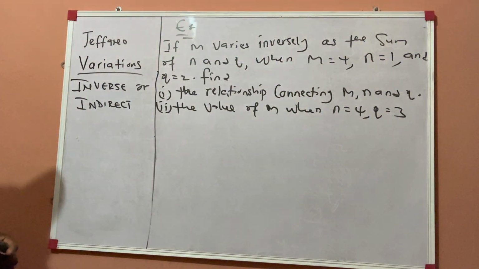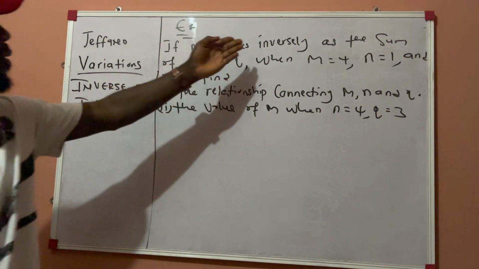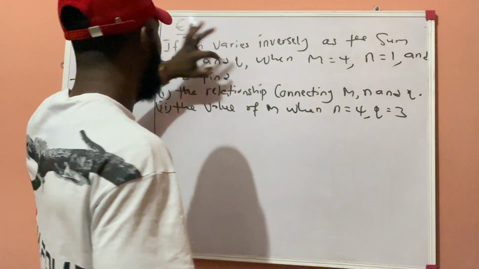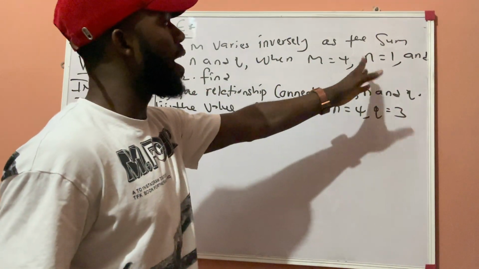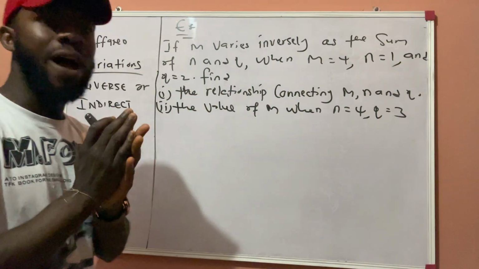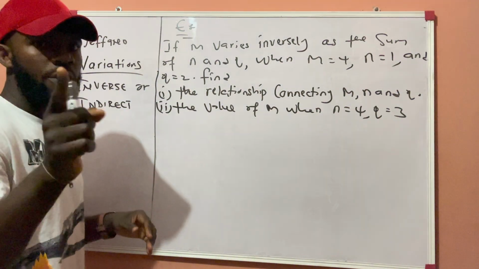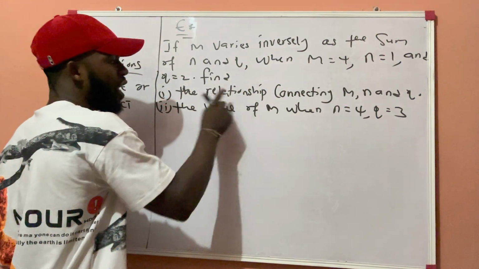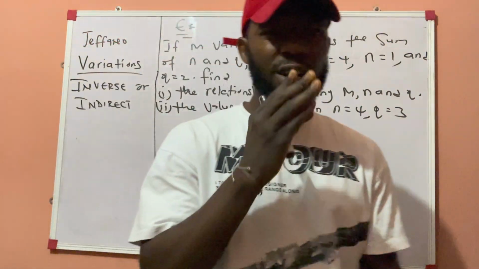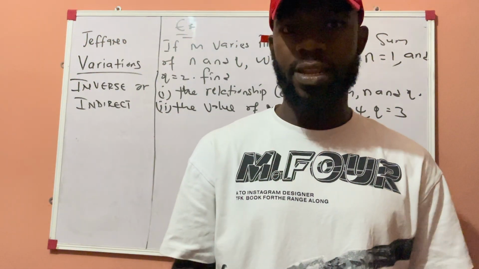Okay, now let us take a look at this question and solve. If m varies inversely as the sum of n and q, when m is 4, n is 1, and q is 2, find this, and this. Now, remember, before we can get the relationship, we must look for the value of the constant. Don't forget that.